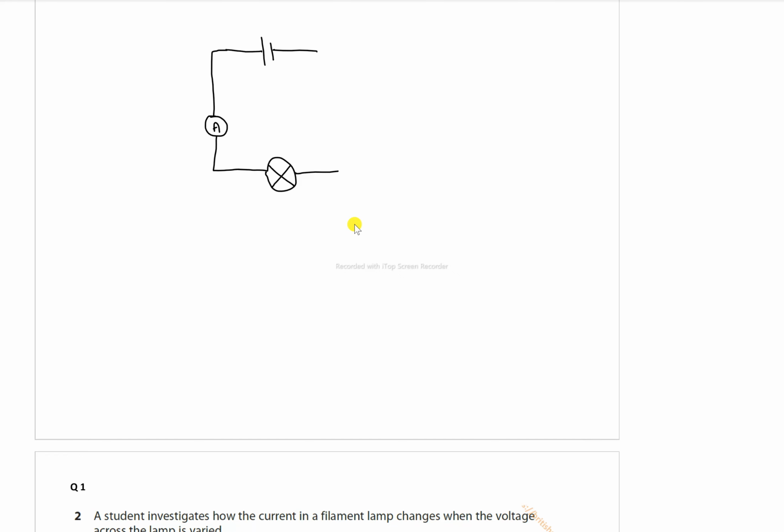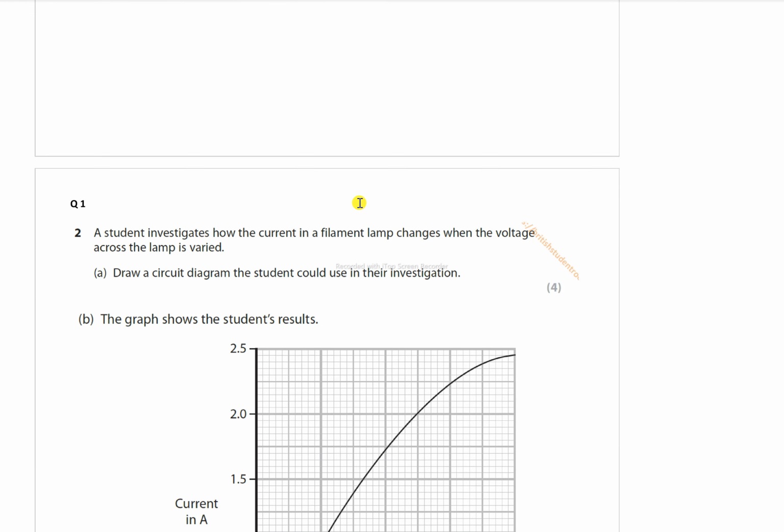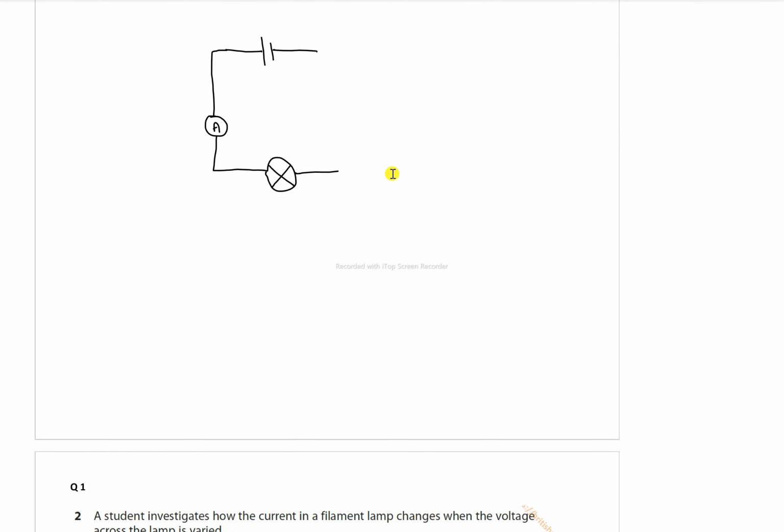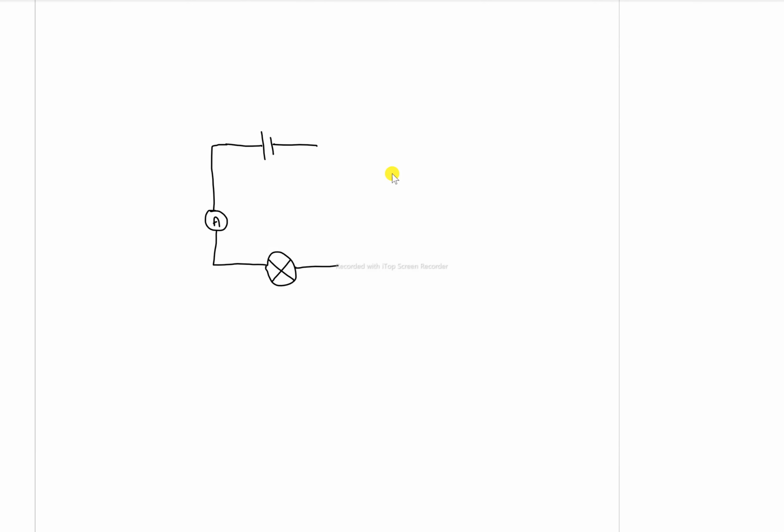Now what they're saying actually, when voltage across, okay, so what we can do is this, have a means of varying it, and then we check.